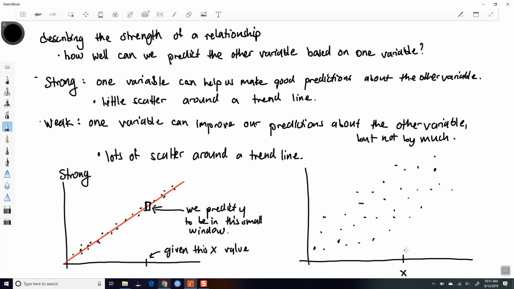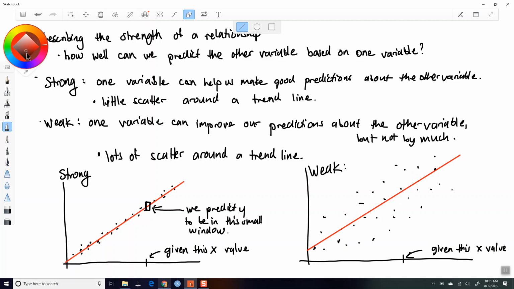And so if we're given this x value, we would fit our trend line, whatever that looks like, something like this.